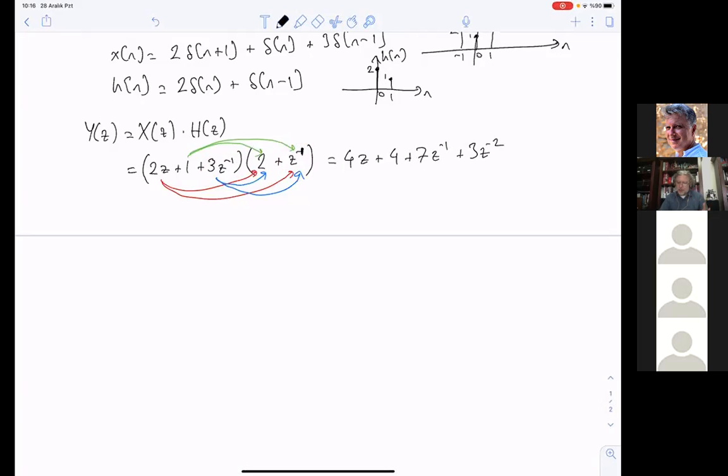If you plot this polynomial in the time domain, this is y of z. The corresponding y of n will be like this. It will be 4 at minus 1. It will be 4 at 0.